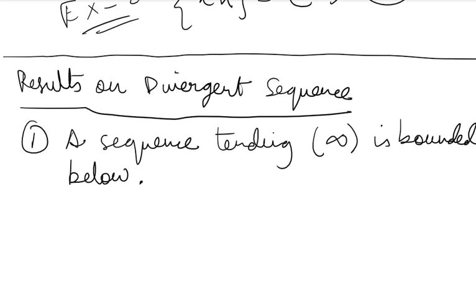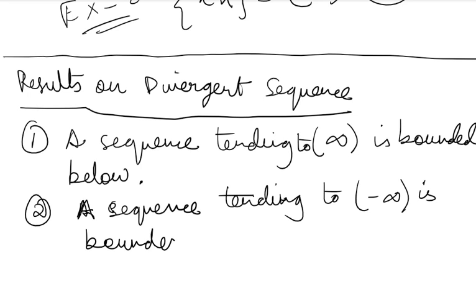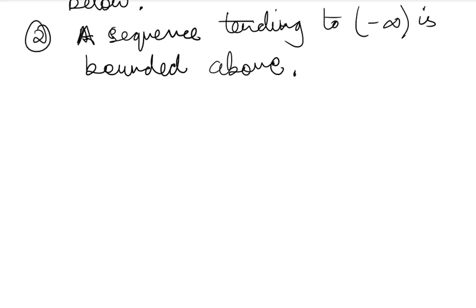That's the first one. Second one: a sequence tending to negative infinity is bounded above. Now these two are very simple. The third one is the main important one.